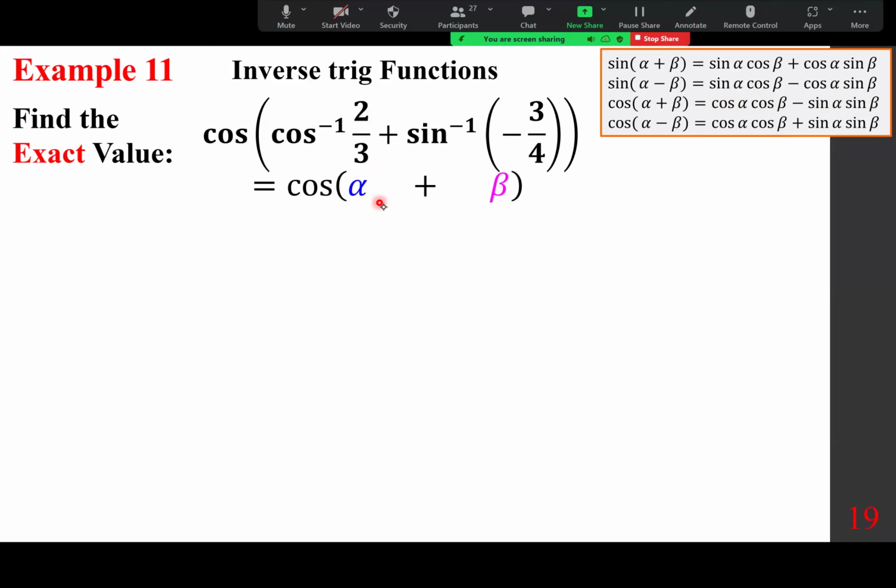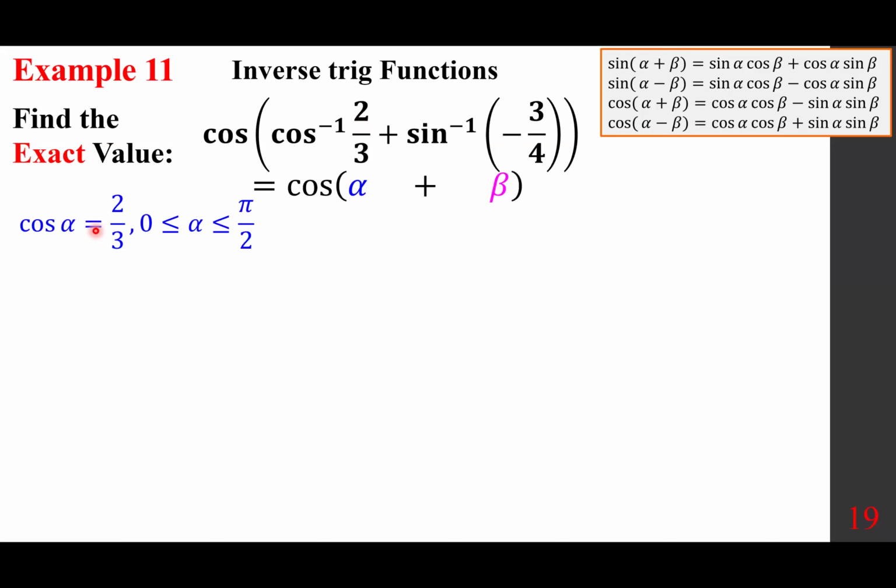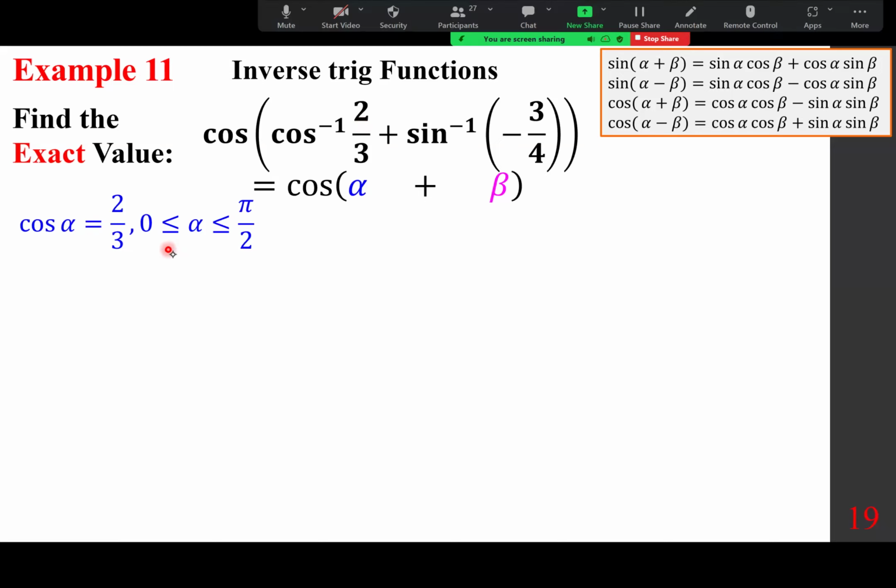Cosine of alpha equals 2/3. That's the meaning of this. So inverse cosine of 2/3 is alpha. That means cosine of alpha is 2/3. And remember, the restriction we put was from 0 to pi.